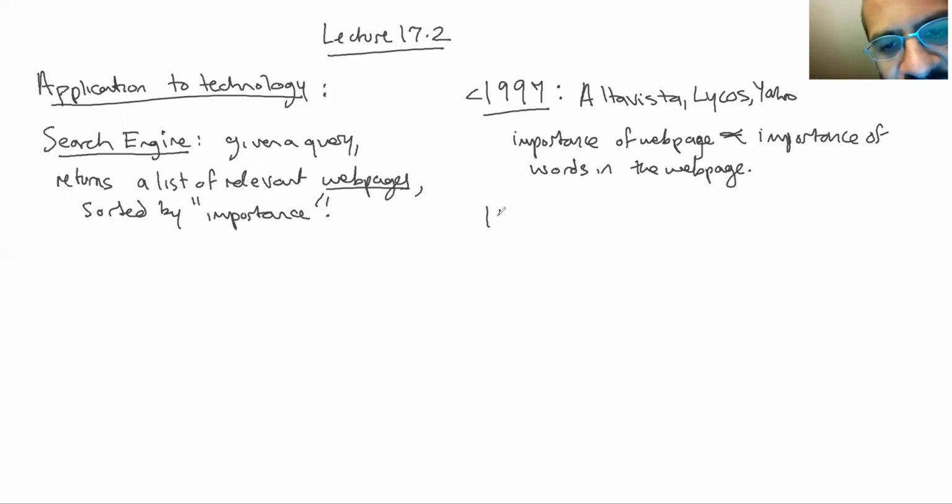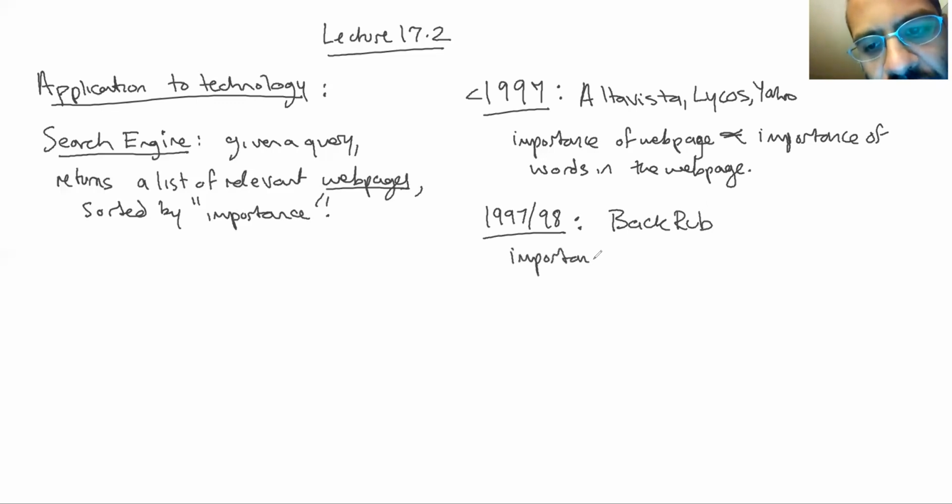And then in 1997, 98, there was a new search engine called Backrub, which came out. And this was based on a new way of defining importance, which was that the importance of a web page should be proportional to the importance of the pages that link to it.